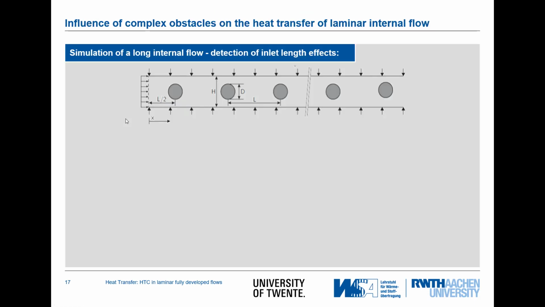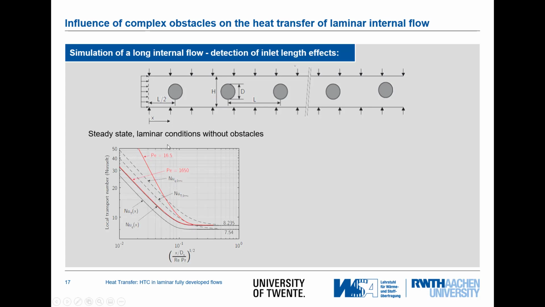What happens if we have a more complex case? Just imagine that we have again a pipe flow or flow between two plates, and we have obstacles in between. If this is a flow between two plates, these obstacles can be just cylinders that are placed in the center and that of course affect the velocity profile.